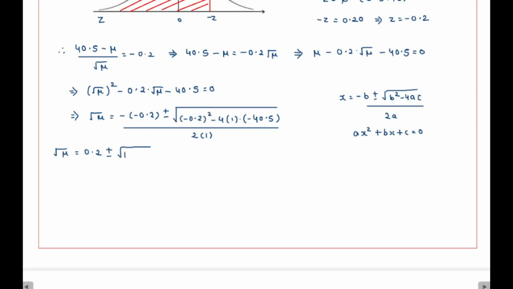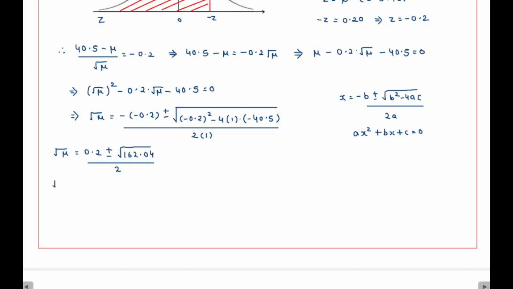I get it as 162.04, divided by 2. Now we know that this square root of 162.04 will be greater than 12 and less than 13. 12 square is 144 and 13 square is 169. So this value will be greater than 12 and less than 13.